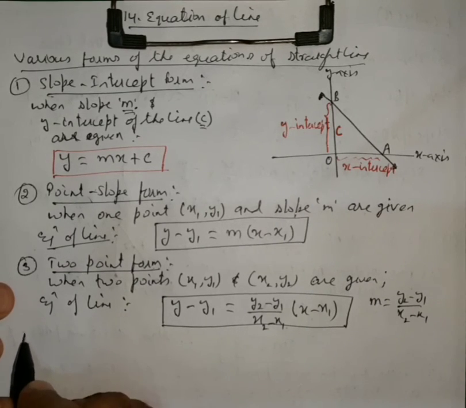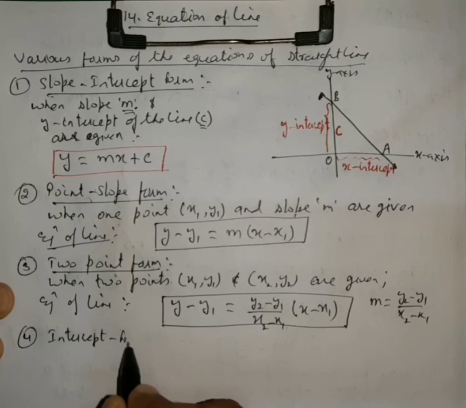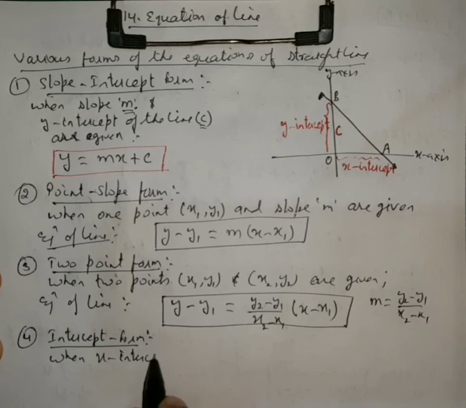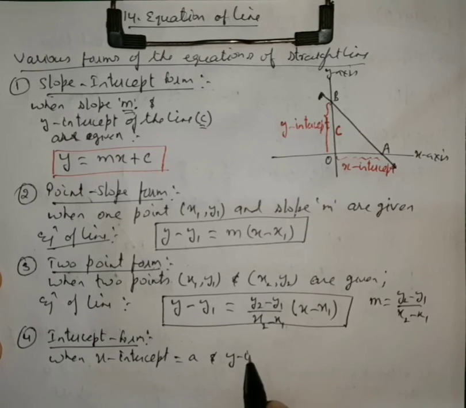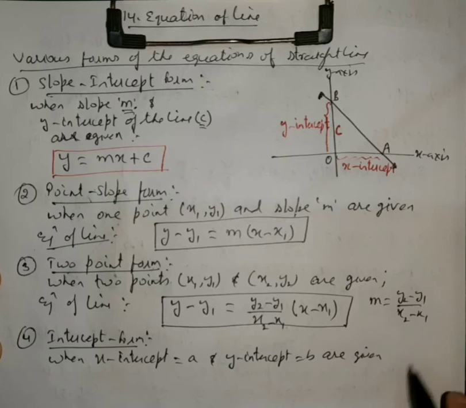And one more form is there, that is called the intercept form. So when x-intercept equal to a and y-intercept equal to b are given, means let us say that this is a line about which we are talking, and this is given as a, x-intercept, and this is given as b, that is y-intercept.